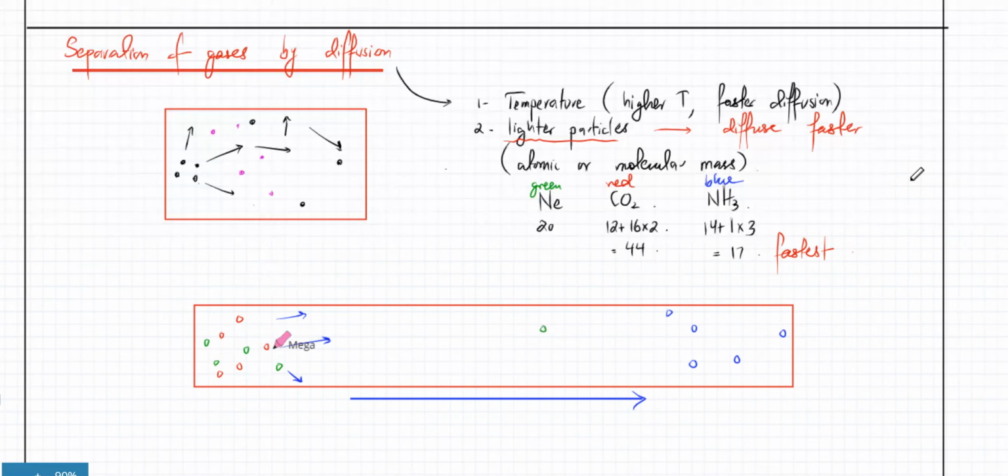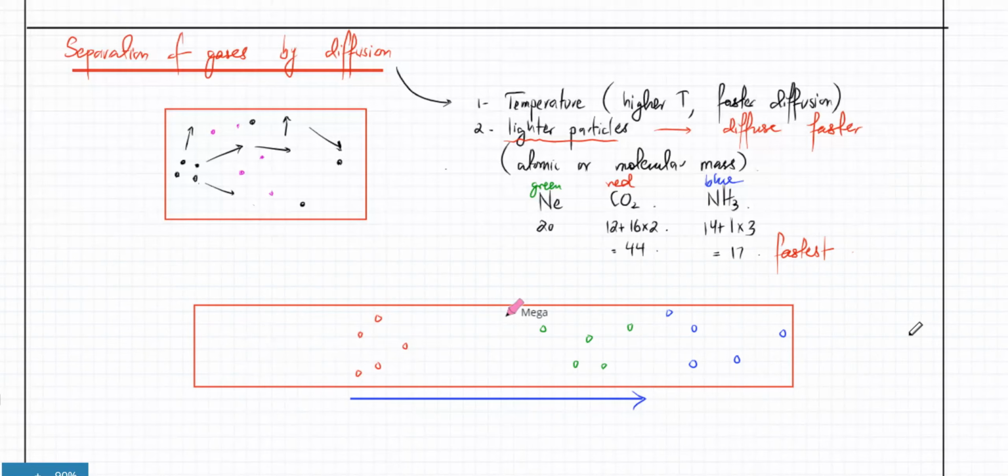They're moving around, but they're slightly slower than ammonia. Whereas the carbon dioxide molecules would also be traveling, but they are the heaviest, so they would be traveling at a much lesser speed.